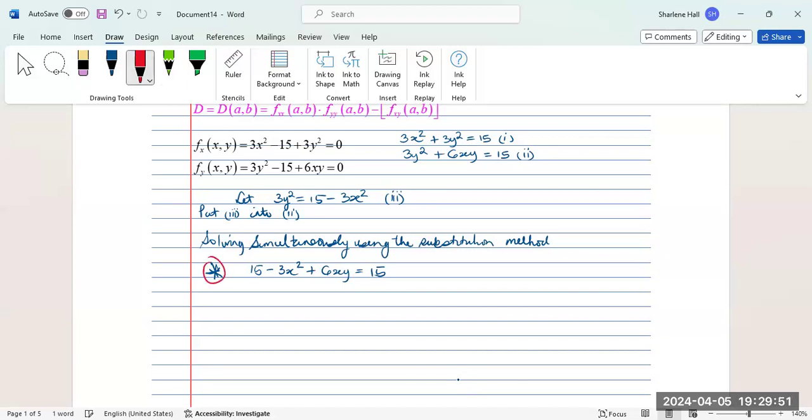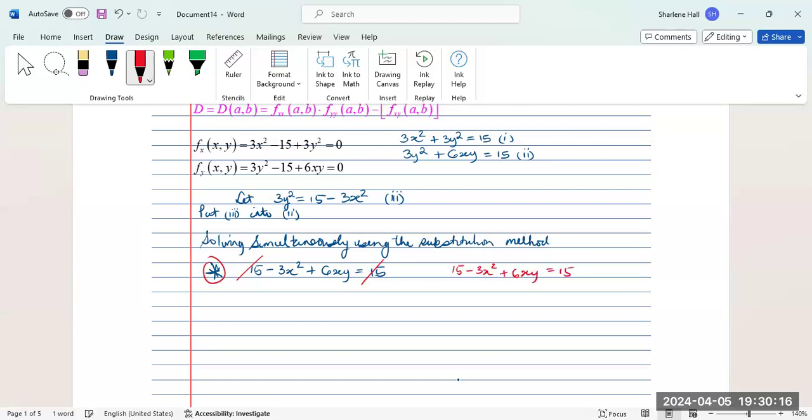Watch me now. Do you agree that this positive 15 on this side cancels the positive 15 on this side? Correct. Good. Let me show you how that happens.